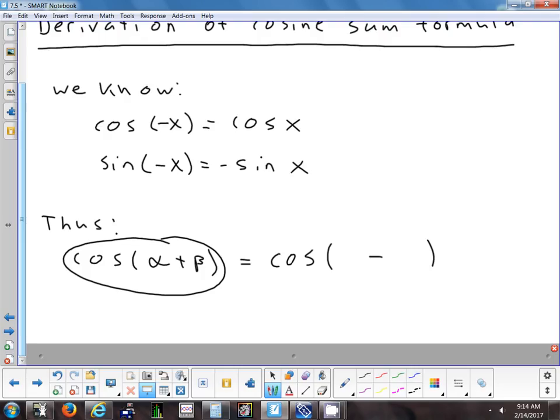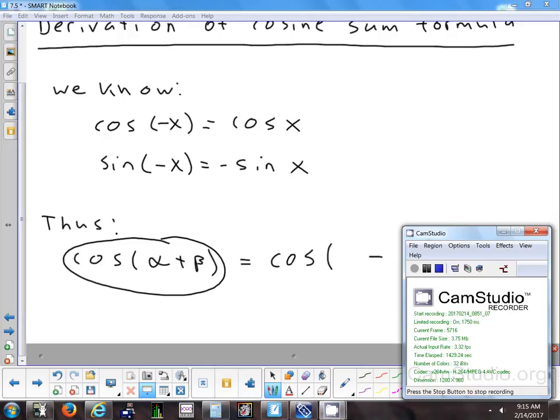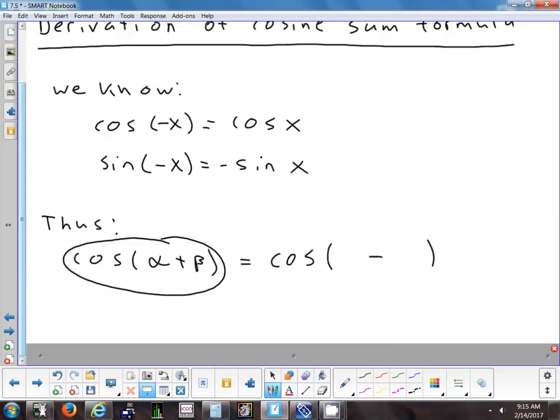We want it as a difference because we know the cosine difference formula. All right. So can anybody think what you could write here that would be equivalent to what's on the left?